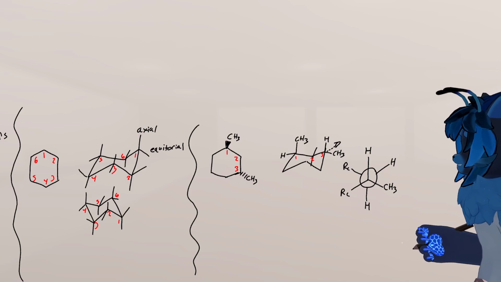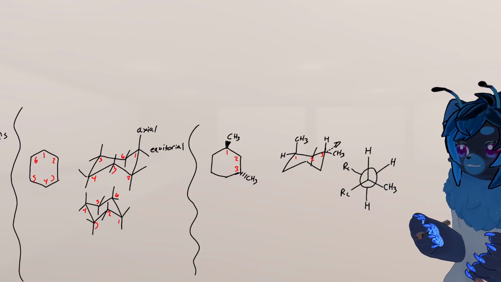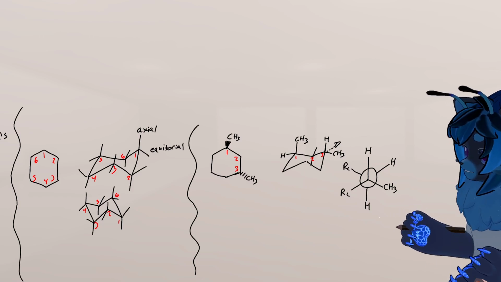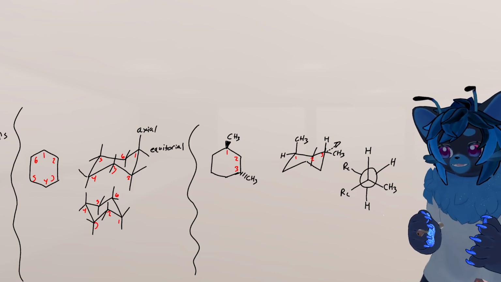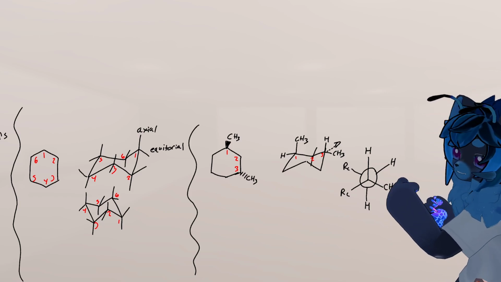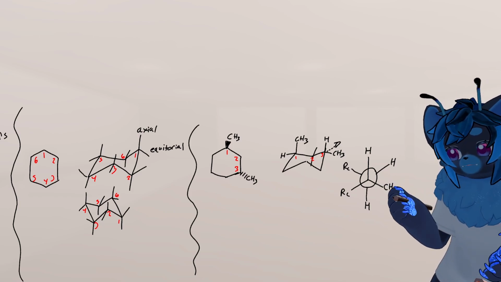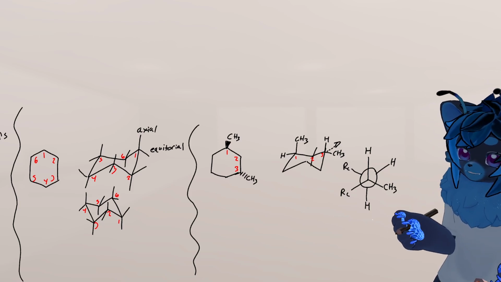So here we can see we're looking at the interactions between this methyl group and the ring carbons. That's what we care about: the methyl group, or any other group that would be here, and its interactions with other groups on the ring, and also the ring itself.